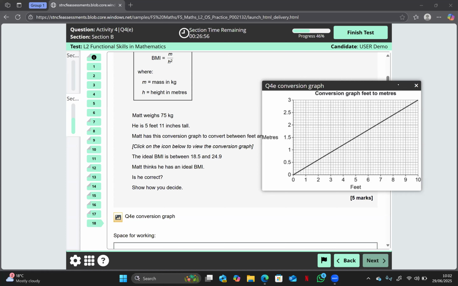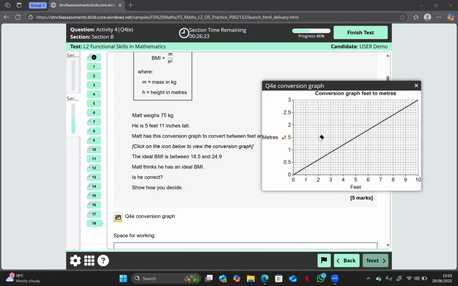Here's about near enough to see. He's about there, which is hitting that point. So that is 1.6, 1.8 meters. Yes, 1.8 meters.